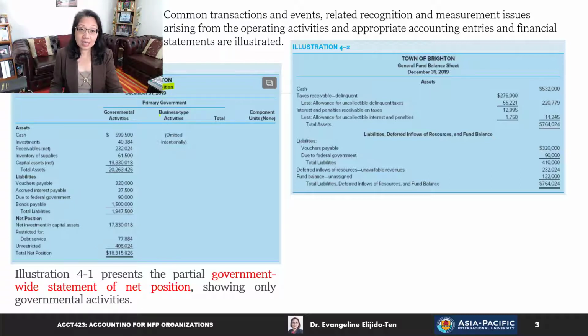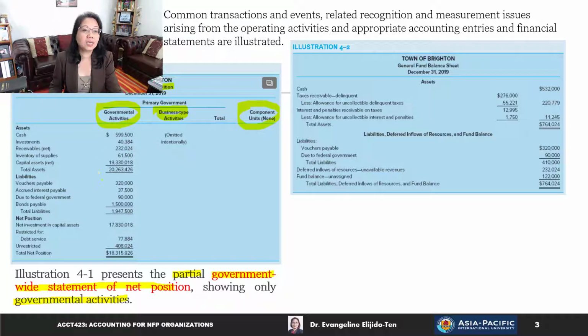Now, in this balance sheet, the partial government-wide statement of net position is shown. So this is your government-wide balance sheet, and you will notice that it's just partial because we are only really showing the primary government, in particular the governmental activities. The business activities are omitted at this stage because we will cover business activities in future lectures.